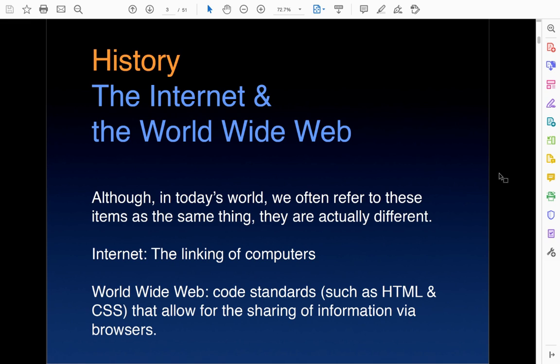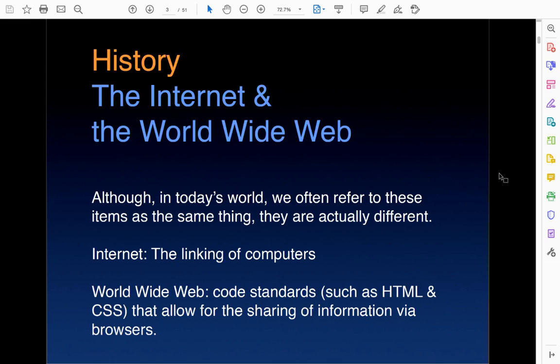And that was done by academics, particularly in France, the UK, and America, as well as the Defense Department of the US. And then the World Wide Web, well, those are code standards such as HTML and CSS that allow for the sharing of information via browsers for everyday people.